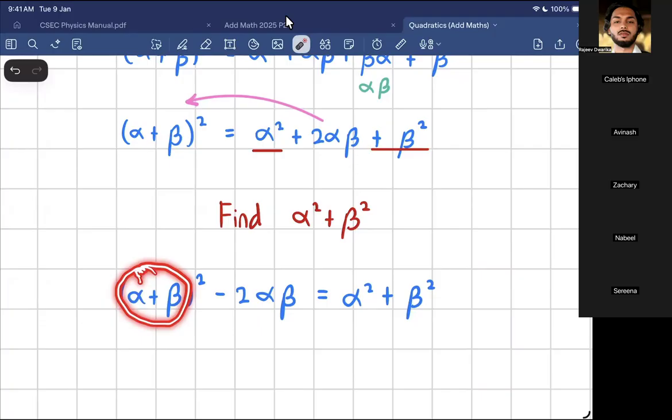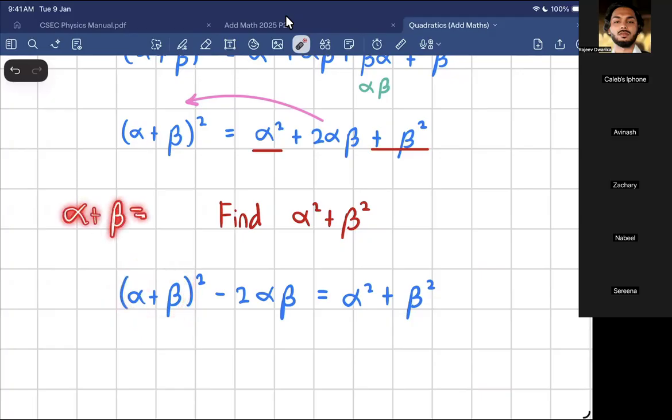And if you forget, check back your notes or you could ask your fellow classmates. See if they could assist. What's the formula for alpha plus beta?